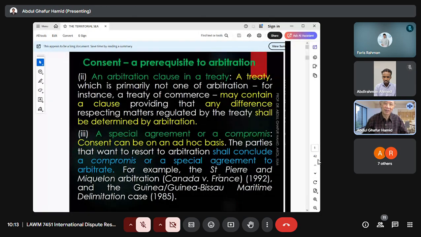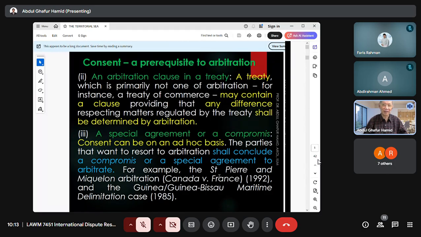The third way is by means of a special agreement or a compromise. In the French term, we call it compromise. International courts and tribunals also use the terms compromise and special agreement. This is consent ad hoc. Ad hoc means temporary consent.